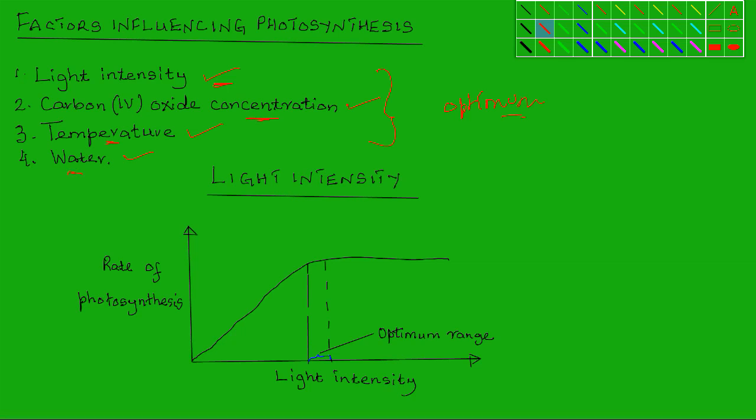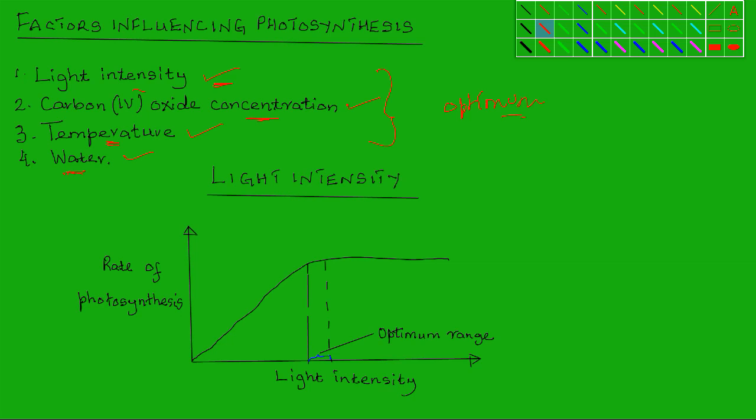of water. In the same case, if carbon dioxide concentration is very low, then even if you have enough light intensity, the temperature is optimum, there is water available, the rate of photosynthesis will be low.